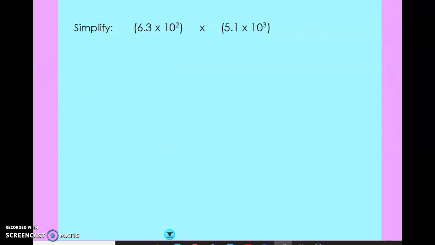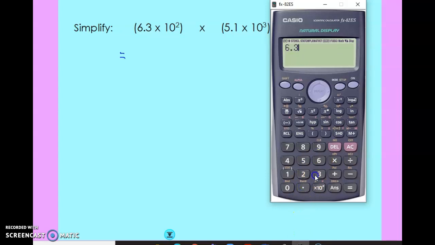Next one, we've got 6.3 times 10 to the power of 2 times 5.1 times 10 to the power of 3. The brackets here don't mean anything. The brackets are just to separate out the numbers that are in standard form from the operation that we're trying to do, which here is multiplication. Okay, so my first number, 6.3 times 10 to the power of 2 times 5.1 times 10 to the power of 3.